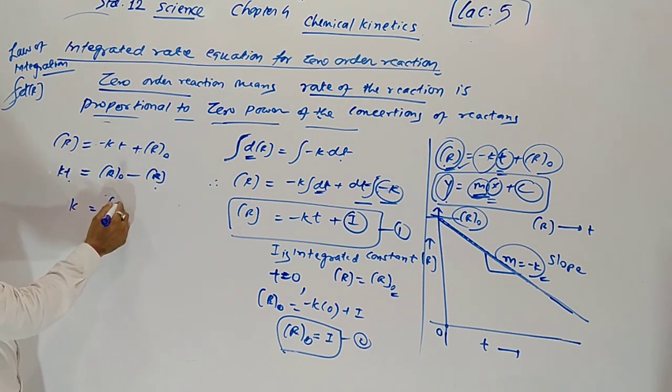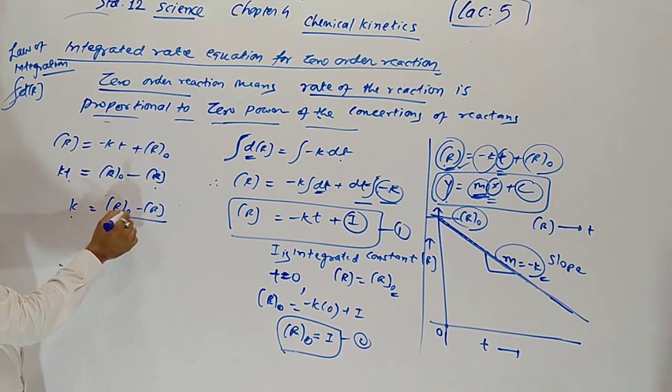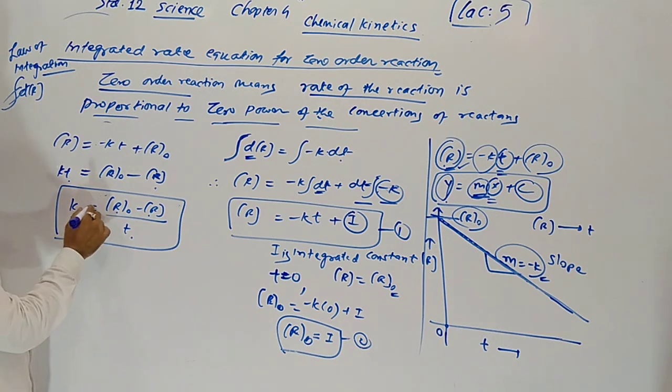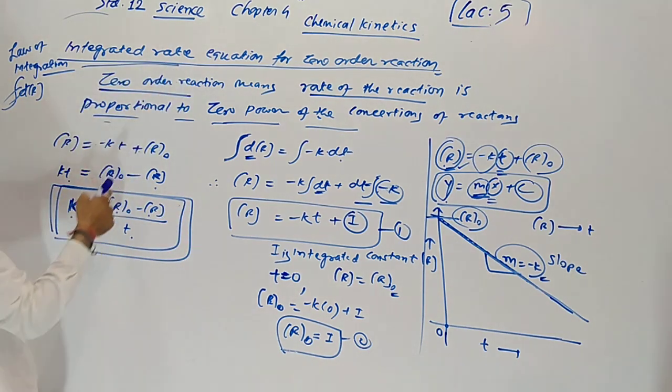This equation is very convenient. There are four quantities; out of the 4, if 3 are known, then the fourth one we can derive. This is the integrated rate equation of zero order reaction.